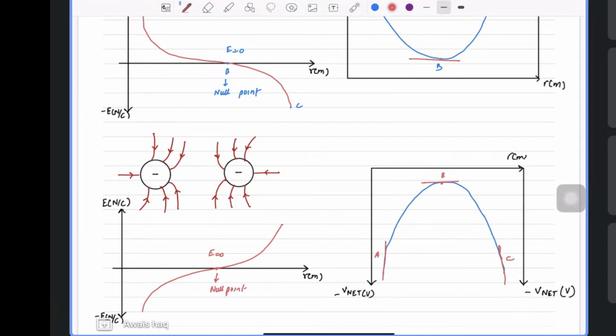And A has some gradient and C has maximum gradient, so that's why the line is highest at those ends. All right, if you guys have any questions, please let me know here.